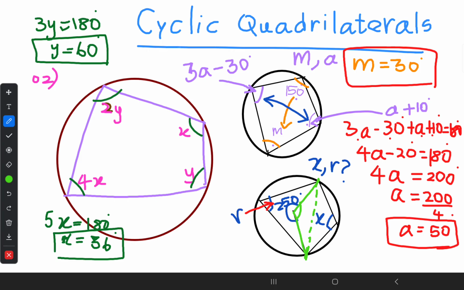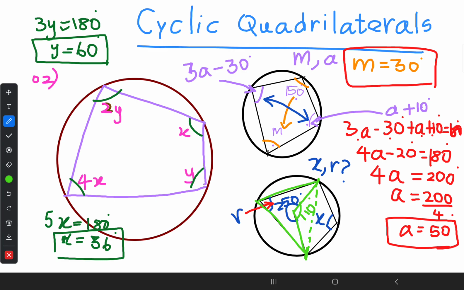Let's find that angle first. To find that, what do we need to do? This is a circle. The total angle covered around this point is 360. From 360, when you subtract 250, that will give you 110. This particular angle should be 110. Then the same chord is creating this particular angle on the circumference.